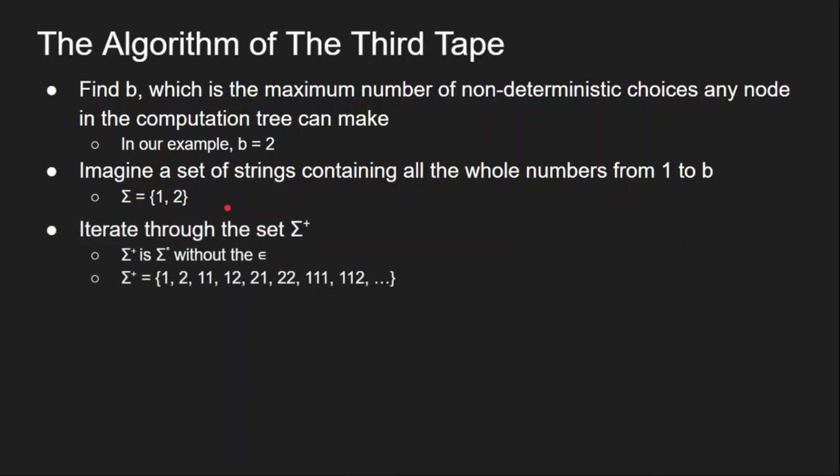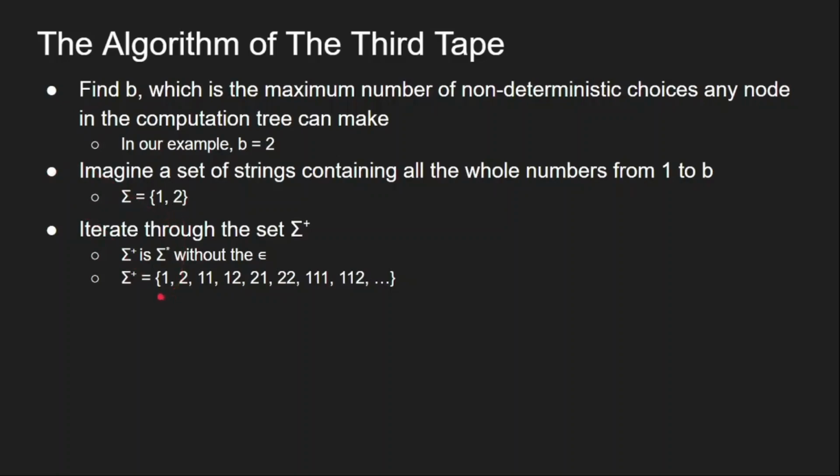What the algorithm is going to do is iterate through the set sigma plus. Now understand this, sigma plus is very similar to sigma star, which you might be more familiar with, but it doesn't include the empty string. The plus operator when applied to sigma is going to attach any number of strings in sigma together to get a new string in all of the different possible combinations.